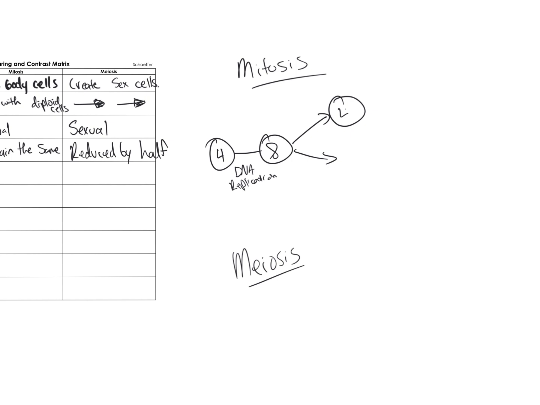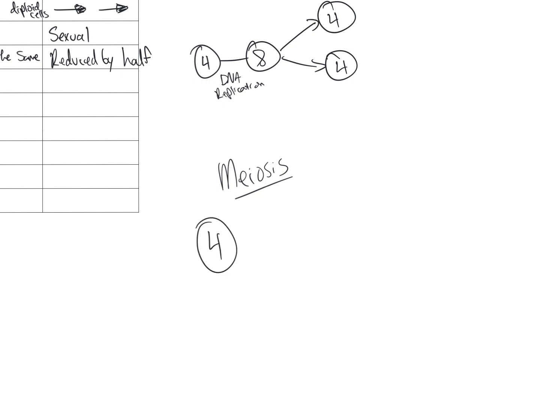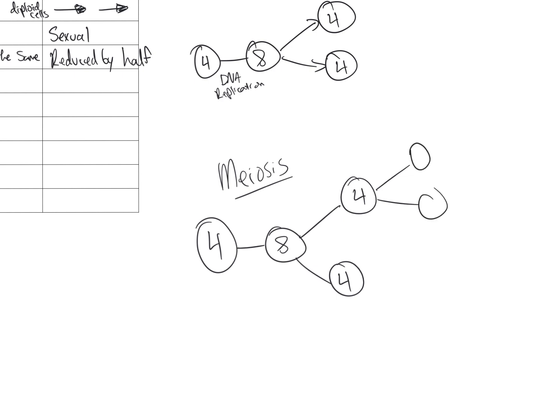We'll have 4 chromosomes in each of our daughter cells. In meiosis, if we did the same sort of thing for an organism that has 4 chromosomes, we have DNA replication that will get us to 8. Then we will have 4 and 4. But then, since it's meiosis, we're going to divide again. We'll bring that down to 2.